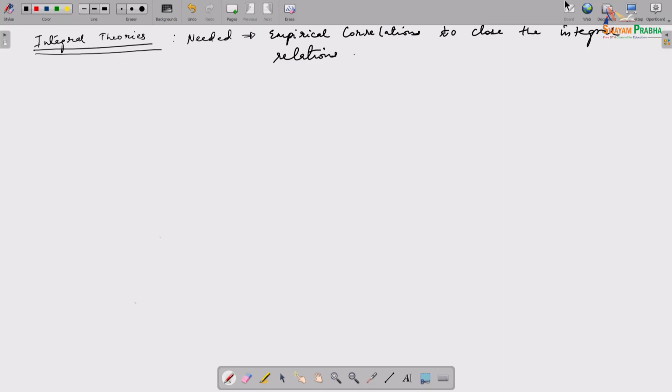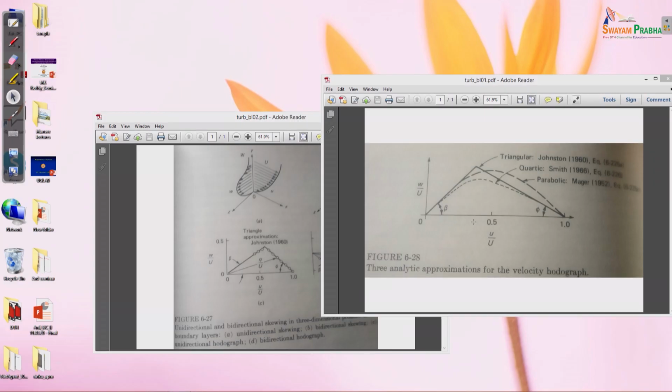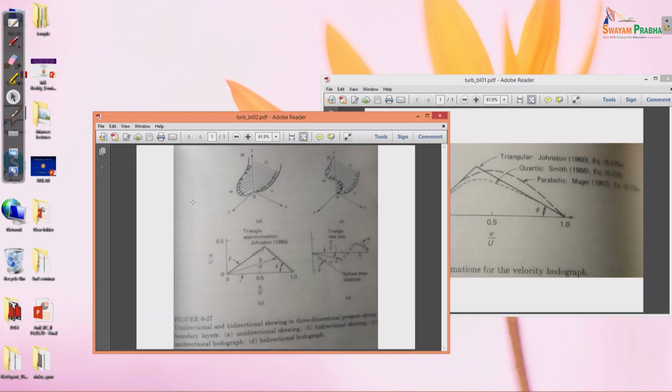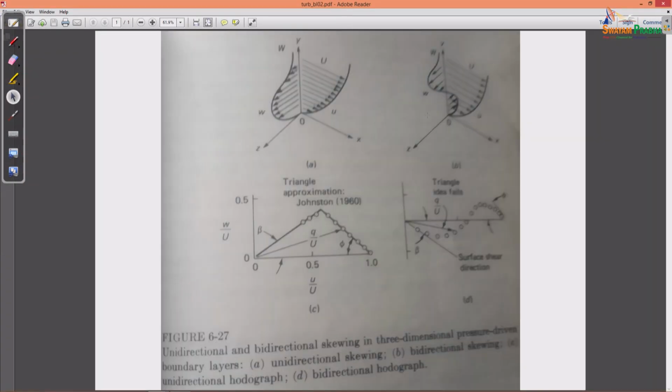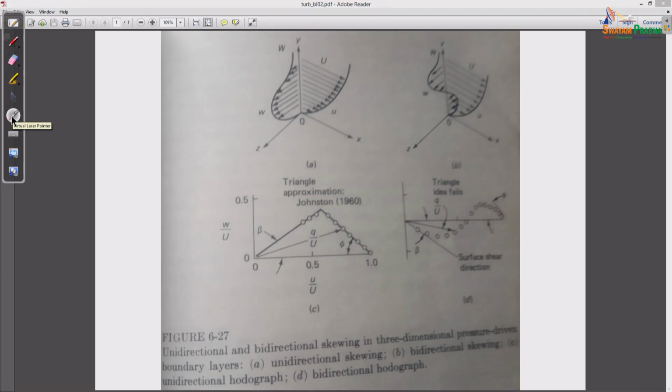This is something we should look at. If you see here, unidirectional and bidirectional skewing in 3-dimensional pressure driven boundary layers. A is this one, unidirectional skewing and bidirectional skewing, and unidirectional hodograph, bidirectional hodograph.